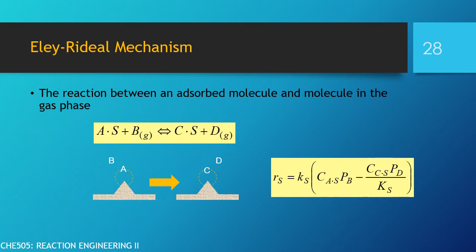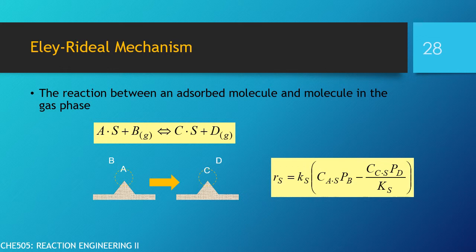During the surface reaction, the adsorbed species A.S will react with reactant B. So only one reactant adsorbs, while the other one is only involved in the surface reaction, which is B. B is maintained as a gas. So adsorbed species A.S reacts with gas B to produce the product. The reaction can be reversible or irreversible, producing C.S plus another gas D.